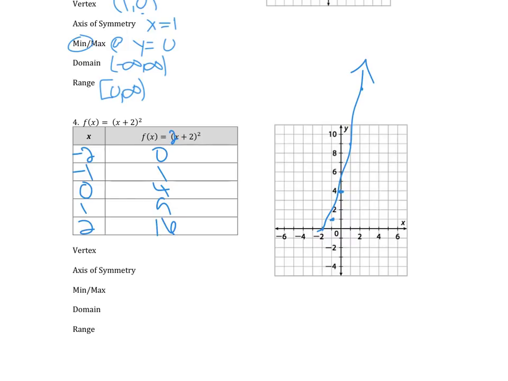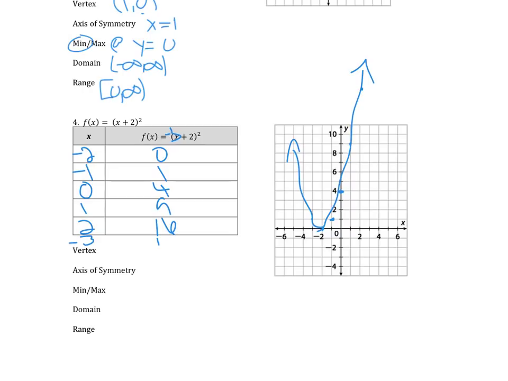Does it continue to go down and go back up a little bit? So now you can see one of the issues of graphing with a table is we have to be specific about the points we pick. So I'm going to pick another point. Let's go -3. -3 plus 2 is -1. -1 squared is 1. So we at least know we start to go back up here. And there's our parabola there.